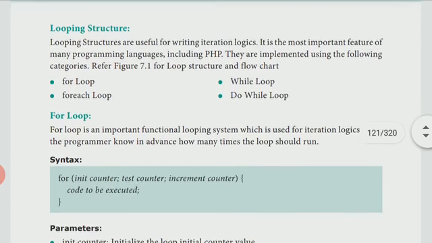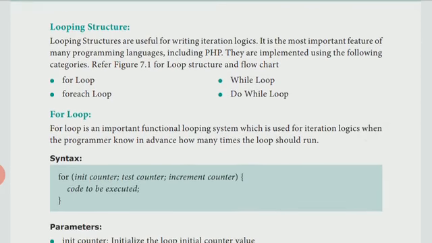Now we know what is looping. We have four types of loops: for loop, while loop, for each loop, and do while loop. These are the four types of loops.